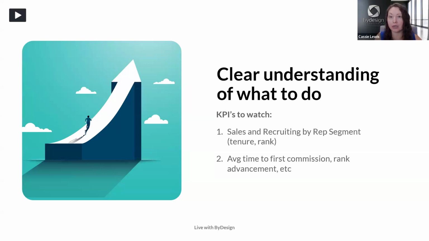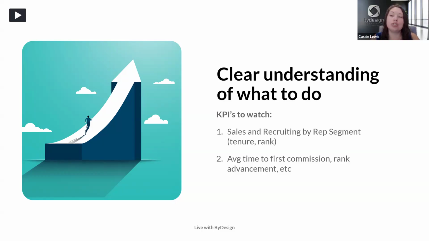How many of them are recruiting others into the business? Then look at those that have been in the business between 2 and 5 years. What are their average earnings? What does their recruiting behavior look like? Look at those that have been 10 plus. Segment your field and really look at the activity to understand what they're doing, and again, whether that aligns with what you want them doing.